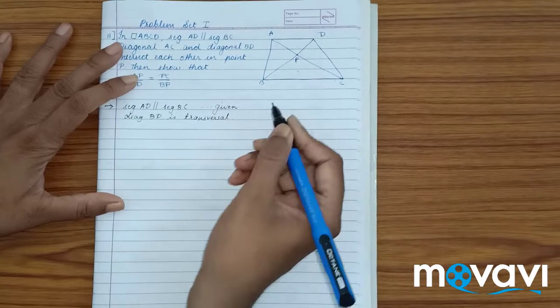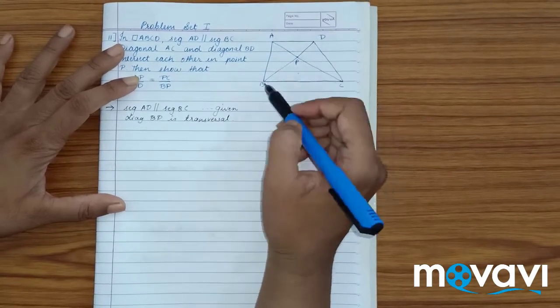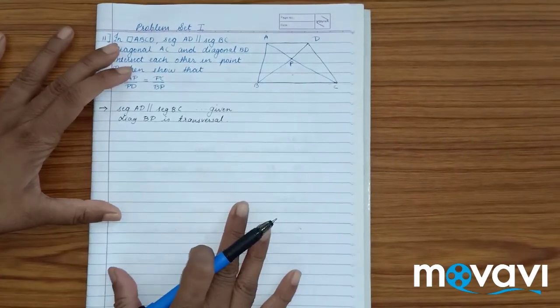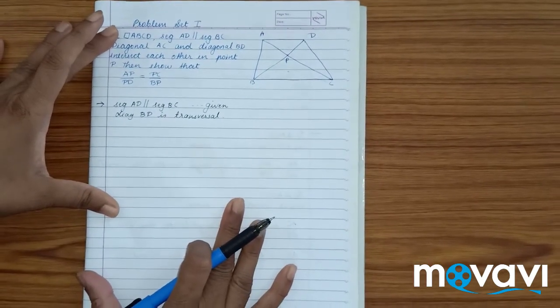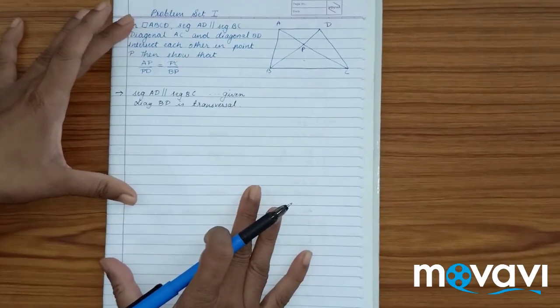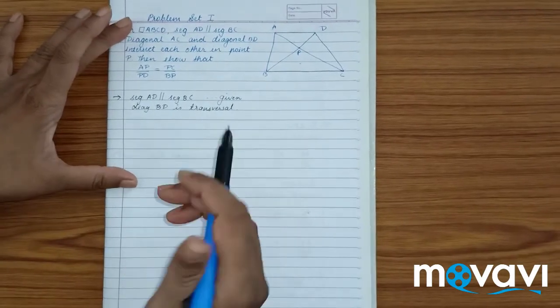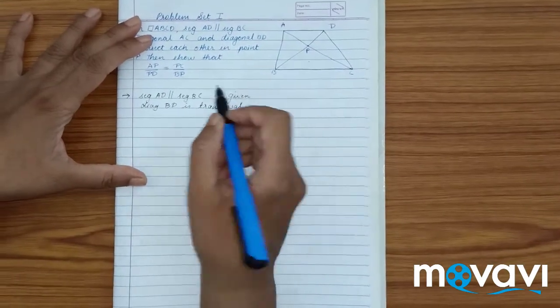This is very easy because if we consider between parallel lines one transversal, we can make use of any test with respect to corresponding angles, alternate angles, and so on. Okay, so we'll make use of it.